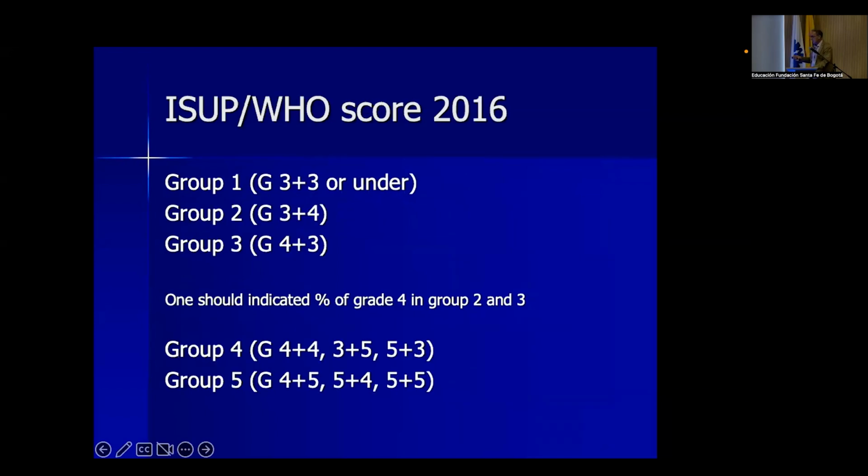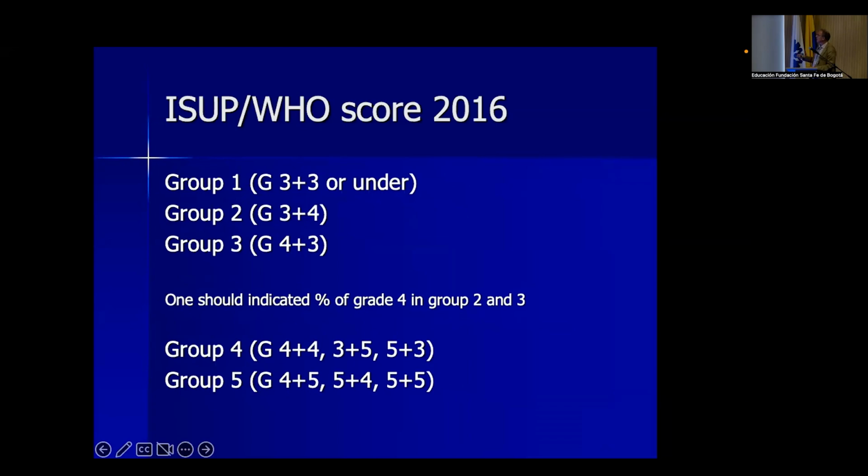So the ISUP decided to change the previous Gleason scoring for two main reasons. The first one is that when you used to tell a patient you have a Gleason 6/10, the patient's feeling was that it might be an aggressive tumor, which it is not.